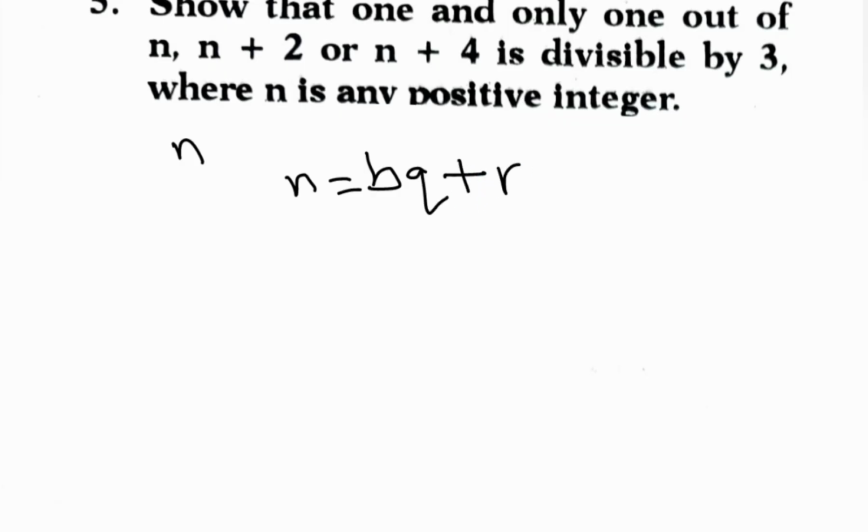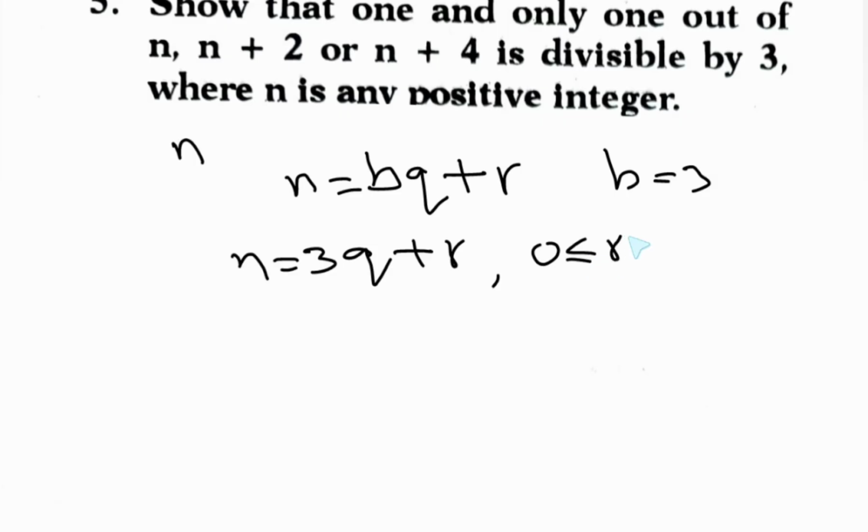But here it is divisible by 3, that means b equal to 3. Now substitute this in the equation: n equals 3q plus r. The r values lie between 0 and less than b, which is 3.